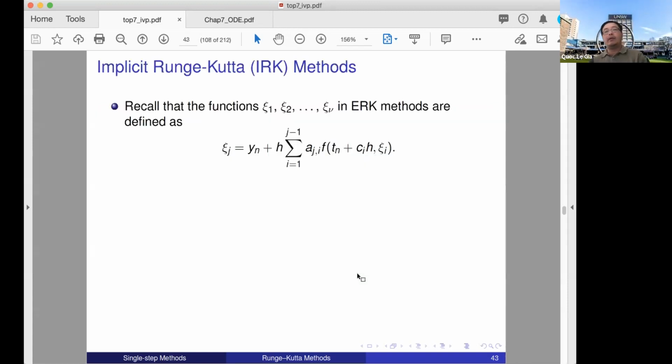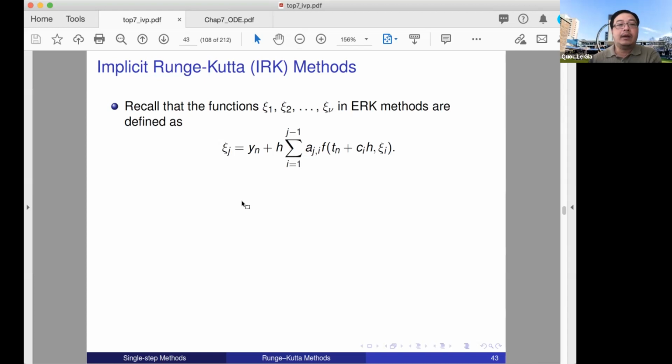Now, implicit Runge-Kutta methods. Remember before, in the explicit Runge-Kutta method, the sum runs only from 1 to j minus 1, right? Therefore your table has a lower triangular format.